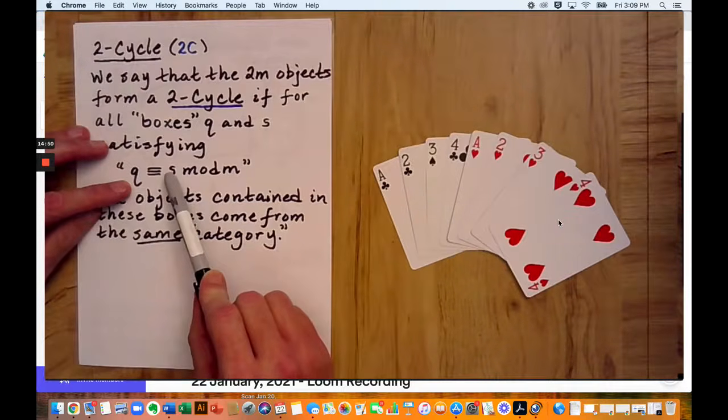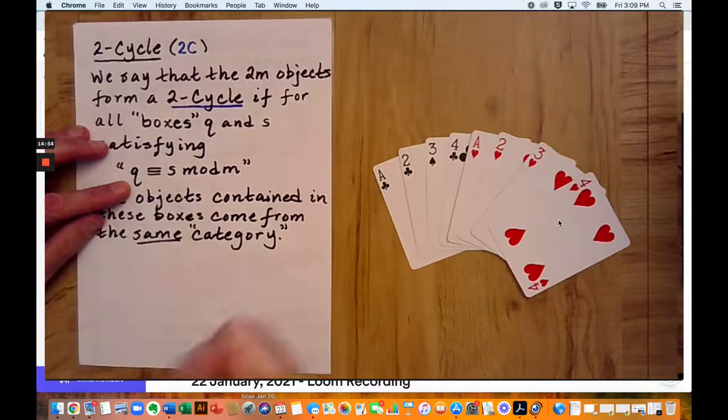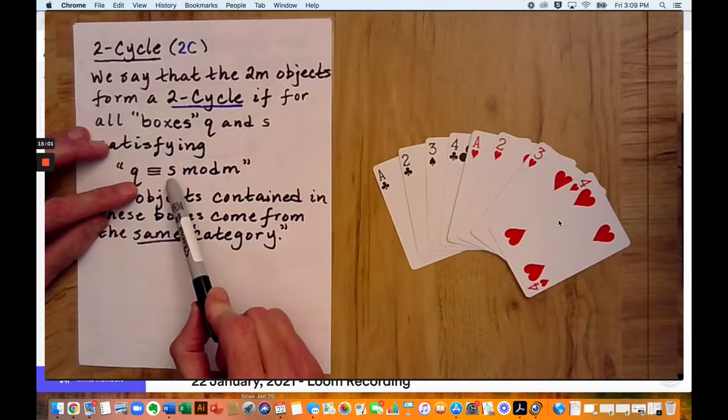That's not technically the definition, but it's a proposition that follows immediately from the definition of congruence. So these two numbers have the same remainder upon division by M.